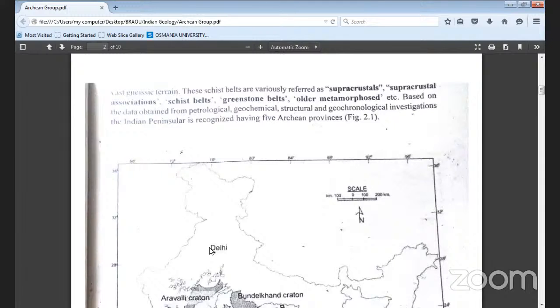The systems are variously referred to as supracrustal associations, schist belts, greenstone belts, Bolder metamorphosed, etcetera.